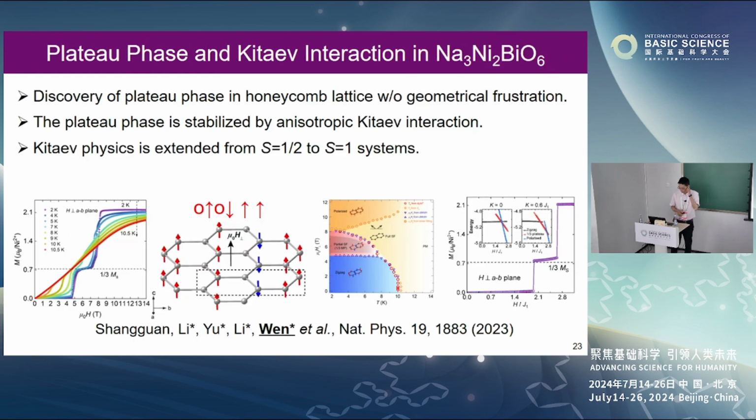So here, let me briefly summarize our work on sodium nickel bismuth oxide. We first found that there is a magnetization plateau phase in this honeycomb lattice, which is without geometrical fluctuation. And we attribute the plateau phase to being stabilized by the anisotropic Kitaev interaction. By doing so, we extend the Kitaev physics from spin 1/2 to spin 1 systems.